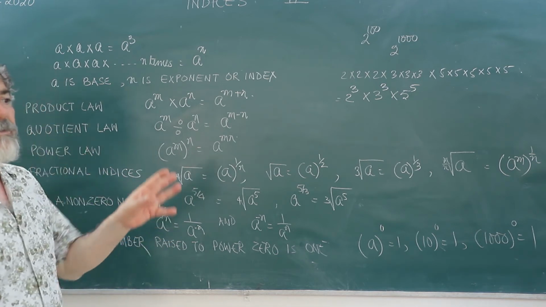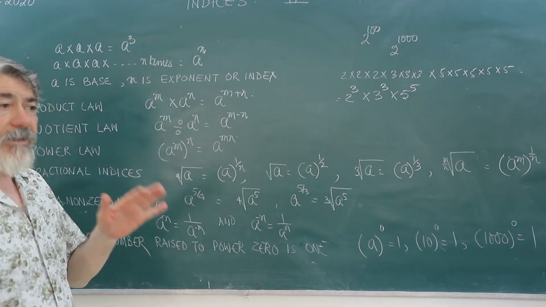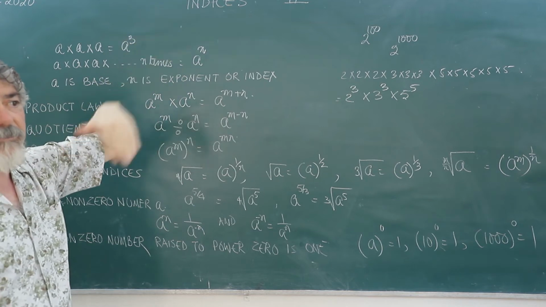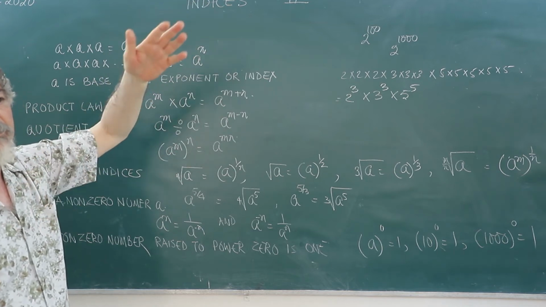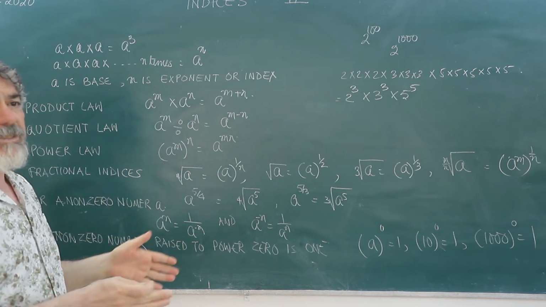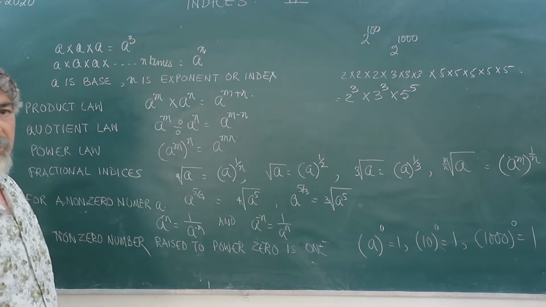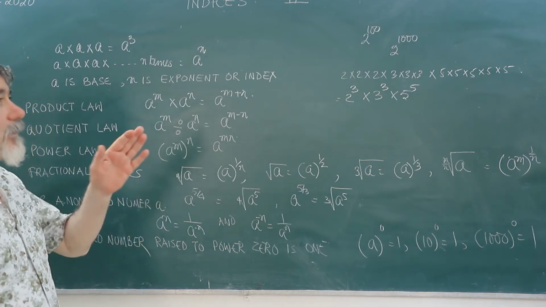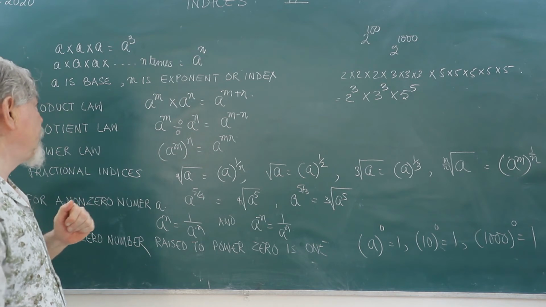For very small numbers and very large numbers, it is very important to use index. For distances, from here to the sun, or to the moon, or to a star, we use the powers. And if the weight is too less or time is very less, then we use the power minus.